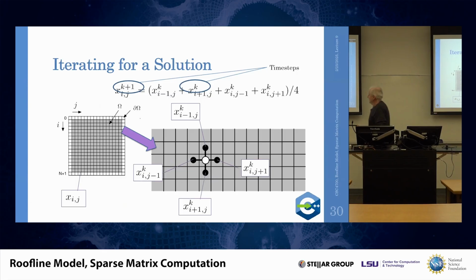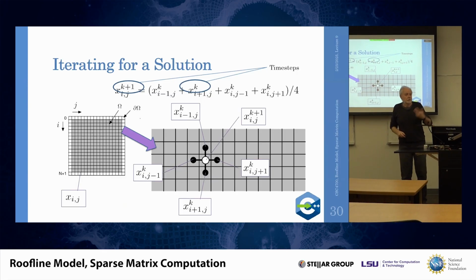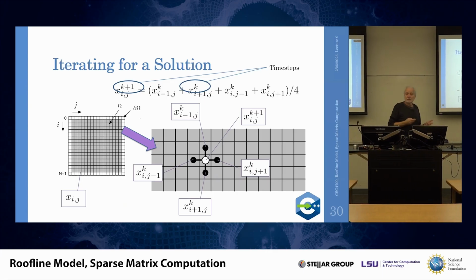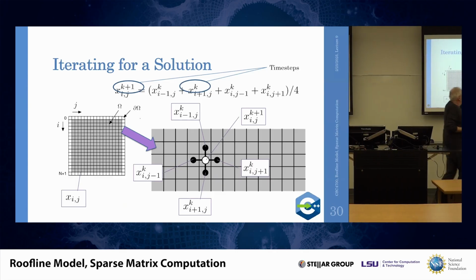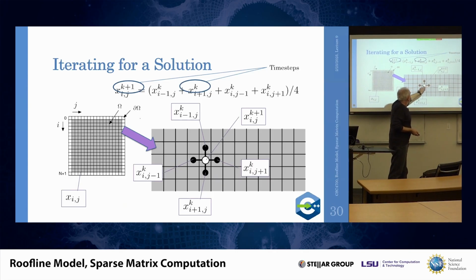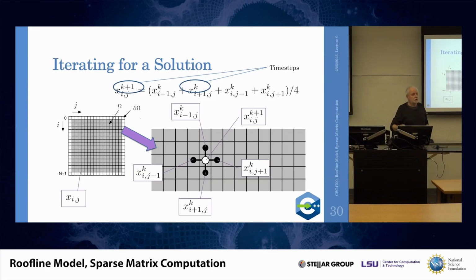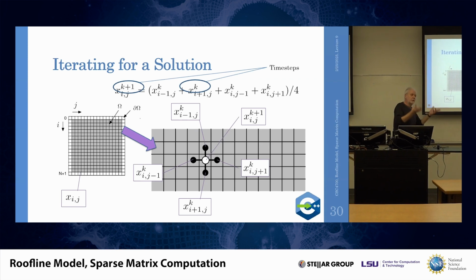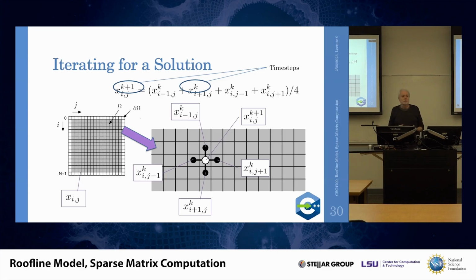And that's how you solve these Laplace equations, by doing that averaging on each time step for every element in your mesh. You repeat that on each time step, going over that mesh once per time step, computing a new average value of the surrounding points. And when you do that long enough, things stabilize and the values will not change anymore.